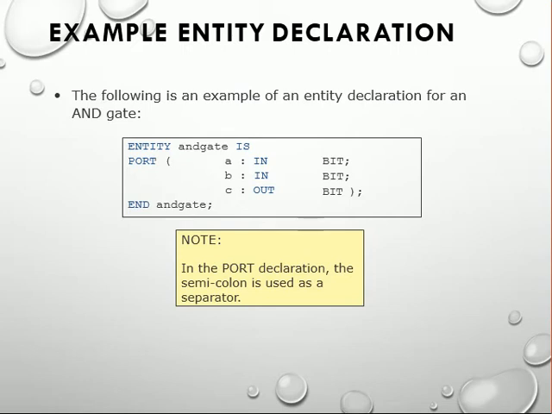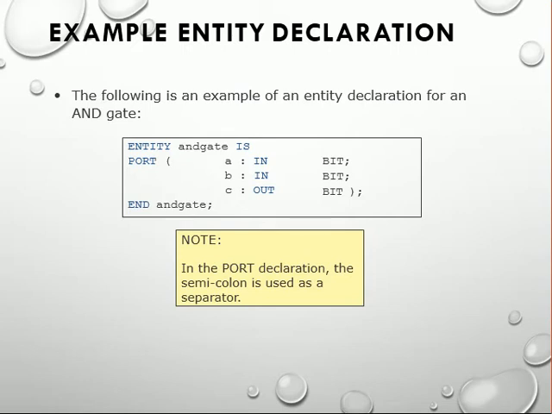So here A, then colon, then input, because it is the input port, so in, and then it is followed by bit, because the type of this input will be either 0 or 1.